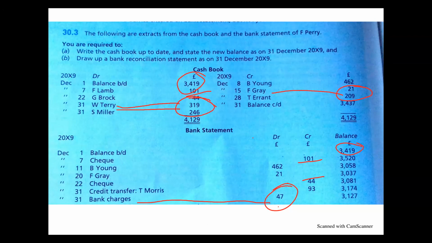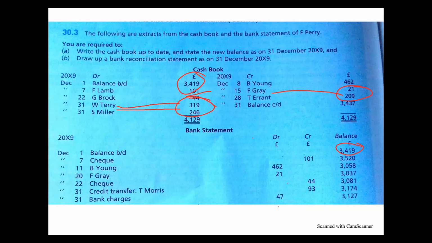They are not there on the credit side of the bank statement. So the bank statement does not have these two numbers. These are checks, of course. We call these uncredited checks. They are there on your debit side of the cash book, but they're not there on the bank statement. Is that fine?